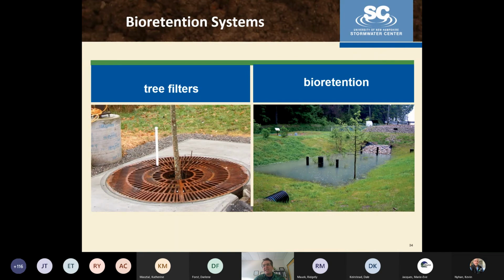So we don't see that most in bioretention systems. For the most part, if you follow our spec, which is online, we see an installed infiltration capacity between 40 and 60 inches per hour, and that's fast.